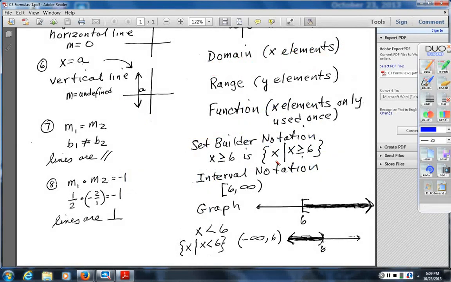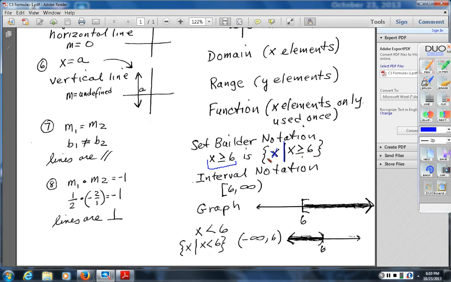The last few things is some terminology, set builder notation. If this is your relationship here, which is an inequality, to put it in what we call set builder notation, you would just use braces, add an x, vertical line, and write it like this. x is such that x is greater than or equal to 6.